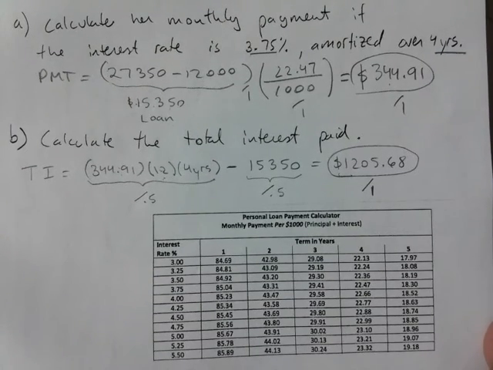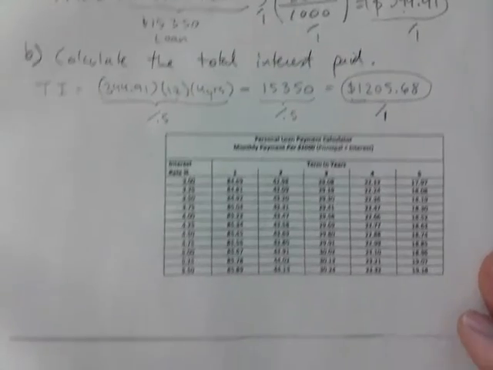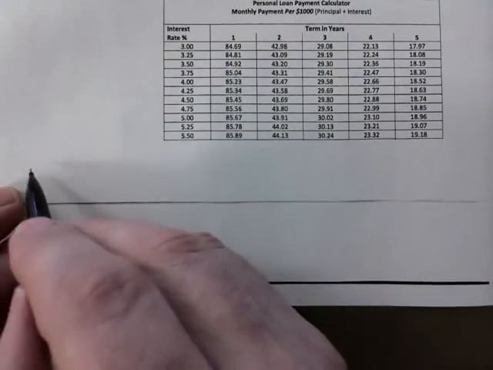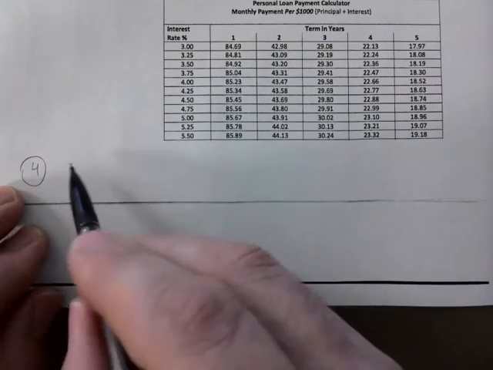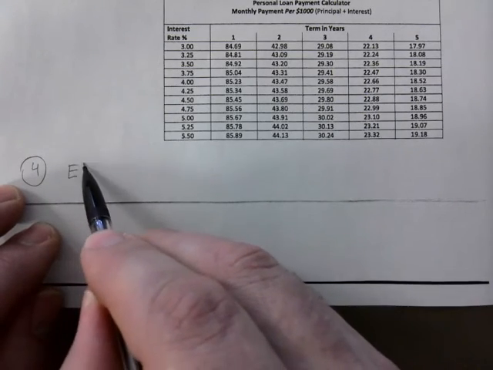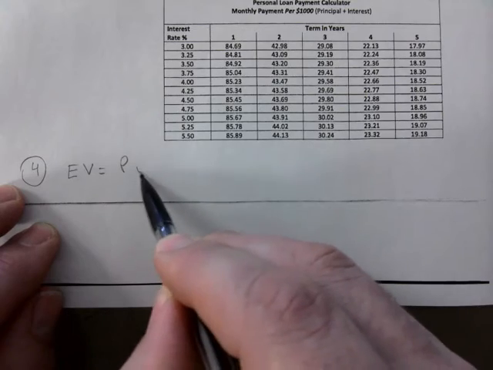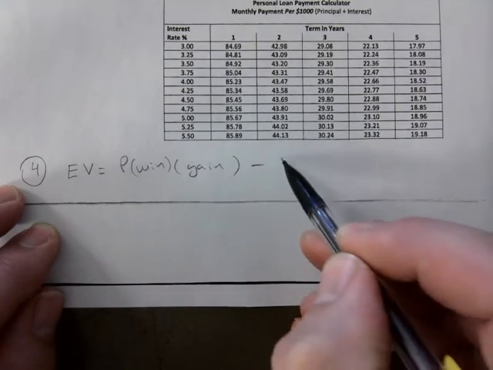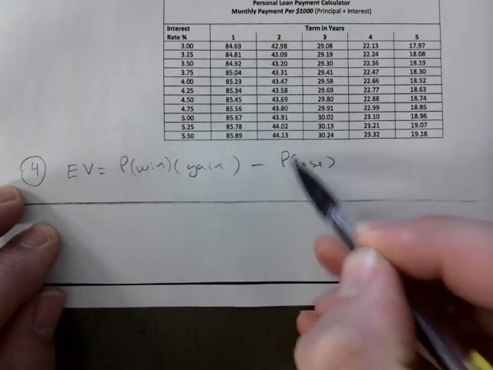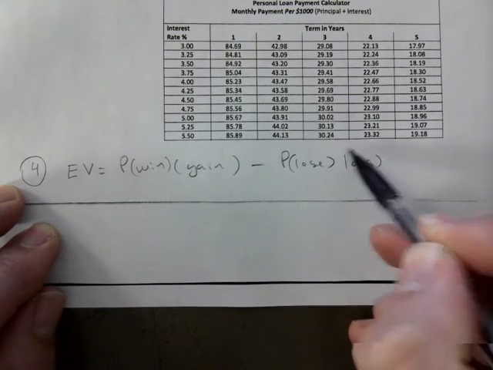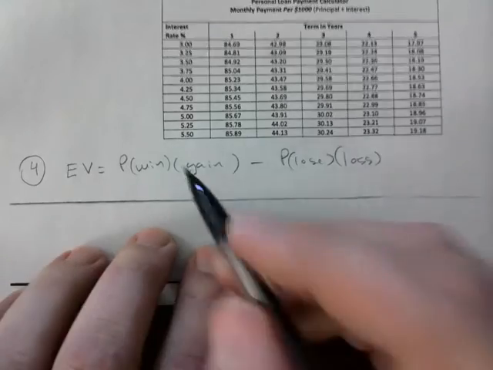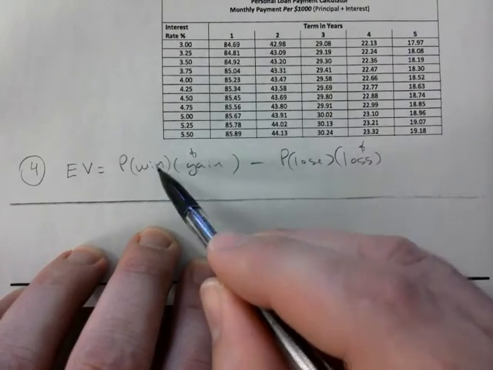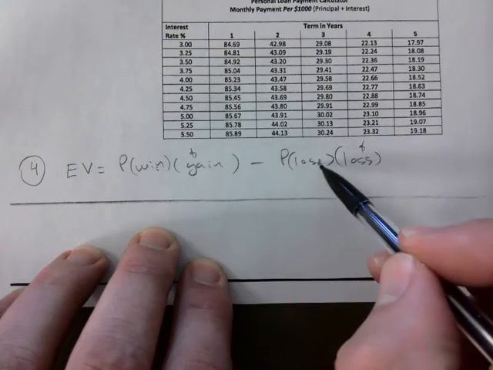And now the best one of all, expected value. We all love that one. But it's not that bad. Expected value calls for the probability that you will win times the gain, minus the probability that you will lose times the loss. Like, how much would you be losing in that? So these are dollar amounts, folks, whereas these are fractions or decimals, okay?